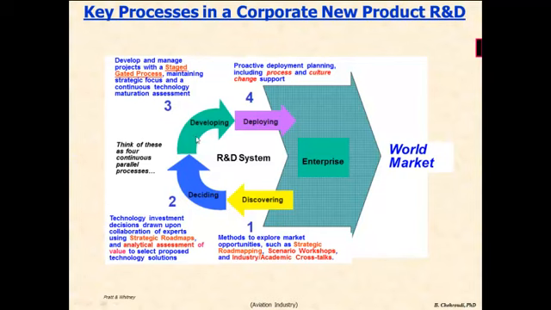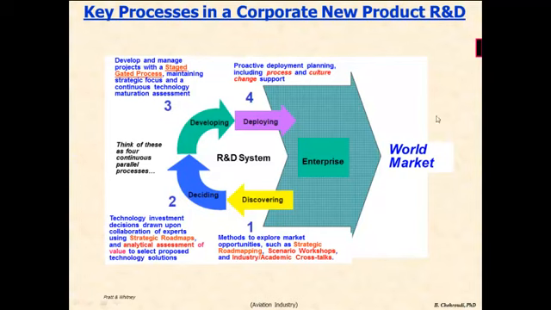So once you've done that, then you have to develop and manage projects. Usually, it's very popular to use what's called a stage gate process approach, maintaining a strategic focus and continuous technology maturation assessment. And then you go to deploying.